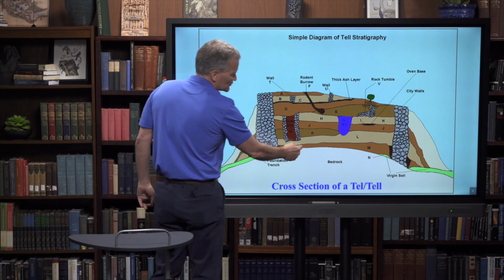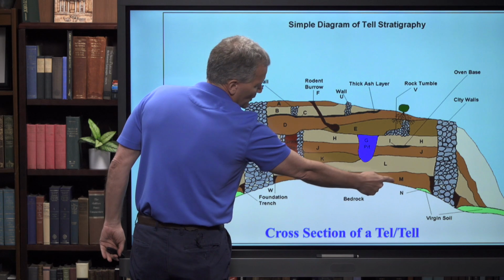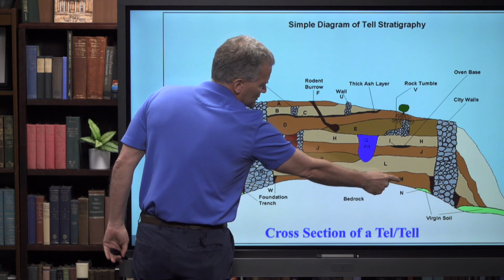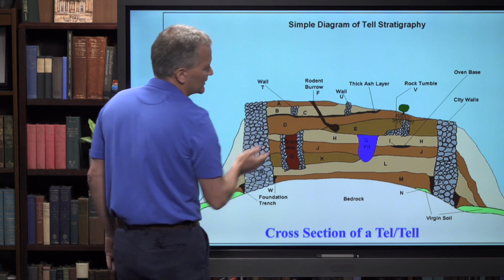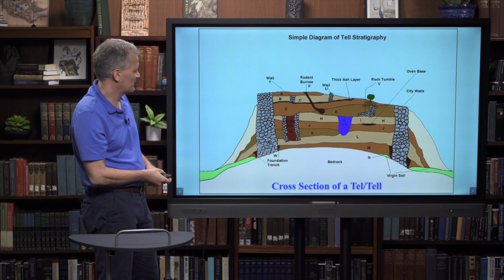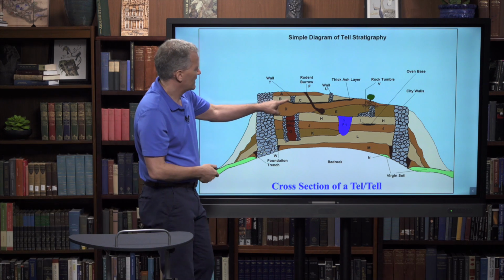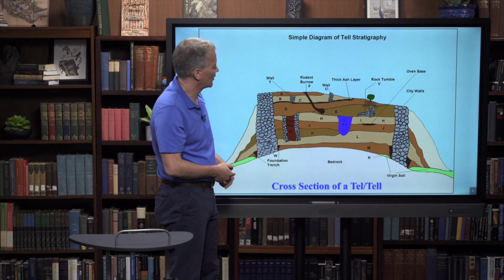So these strata then get names. In this case, this is just one way of doing it. We have letters such as M and L and K and J and H, and the layers, of course, being represented there. We have other walls here, wall T and wall U.